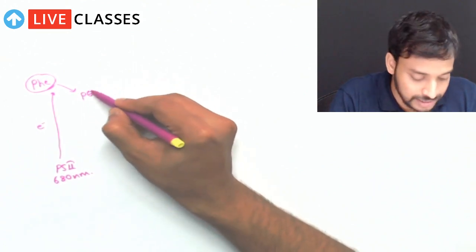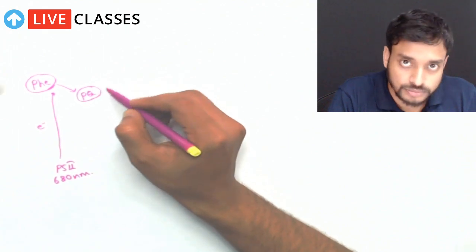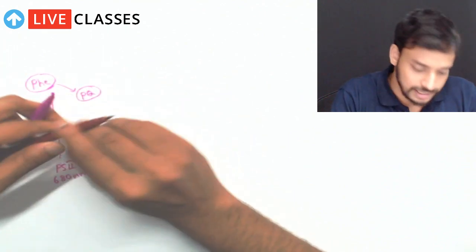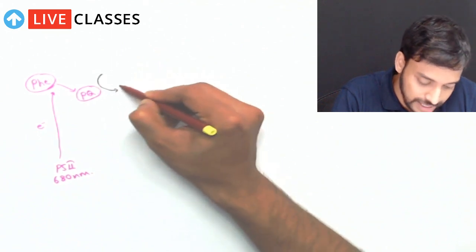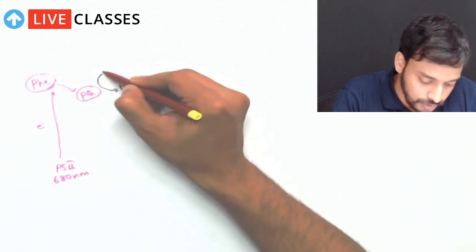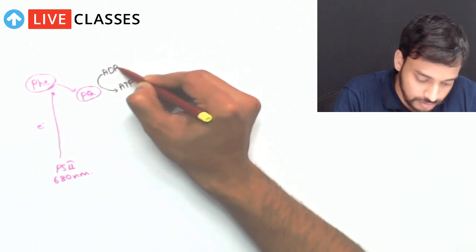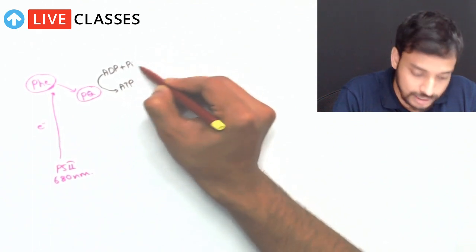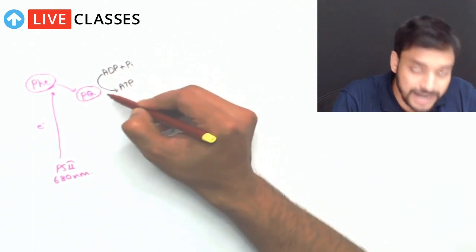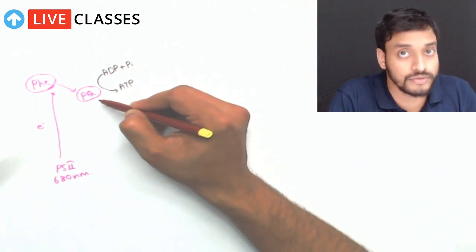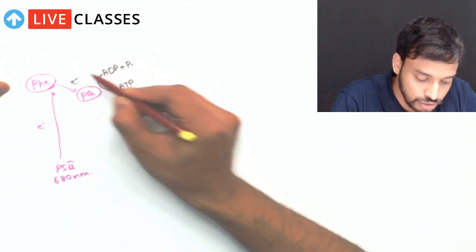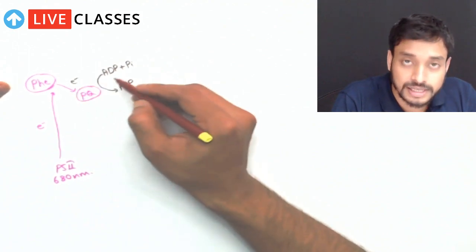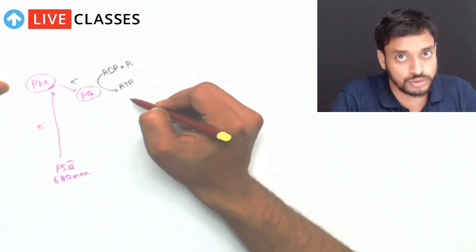Very interestingly, in this process plastoquinone forms an ATP molecule from ADP plus inorganic phosphate. ADP and Pi are combined by the plastoquinone with the use of electrons. You should understand this electron is now being passed. With the help of this electron, this ATP is produced.